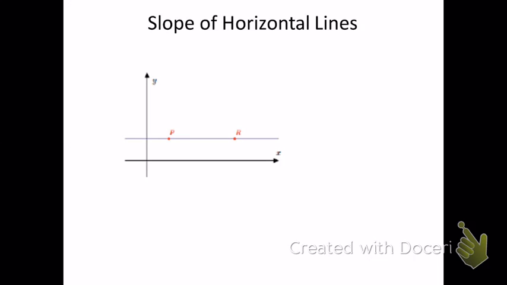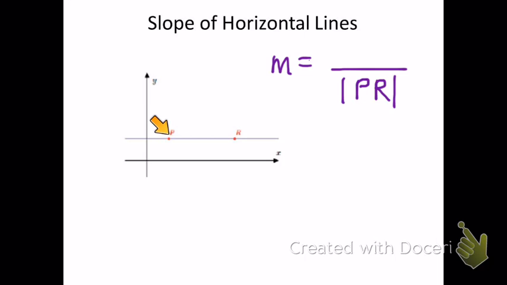Okay, so let's take a look at what happens. How does our formula work on horizontal lines? Well, it works just the same. So here's a horizontal line, and here's two points on that line. And so if we look at the slope, the length of PR is going to be the distance between those 2 points on the x-axis.